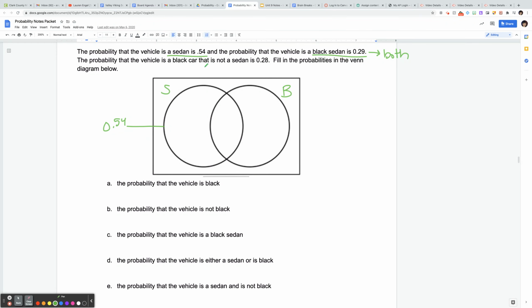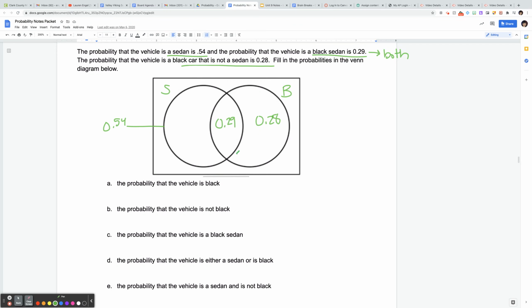And then they said the probability that the vehicle is a black car that's not a sedan is 0.28. So that's this area right here. And then the both probability goes here.